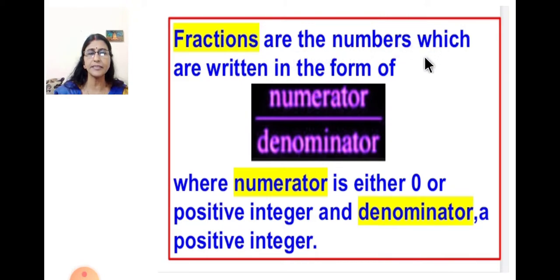Fractions are the numbers which are written in the form of numerator upon denominator, where numerator is either 0 or a positive integer and denominator is a positive integer. Then only it will be called a fraction.